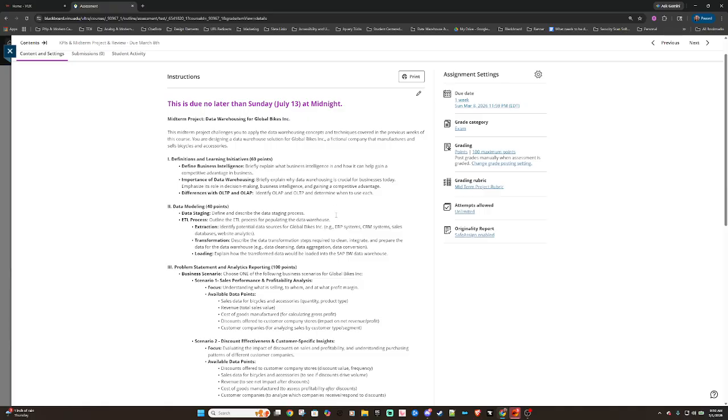So for the midterm, you need to do these definitions and learning initiatives, which define business intelligence, the importance of data warehousing, and the differences between OLTP and OLAP. You should identify them both and determine when to use each.